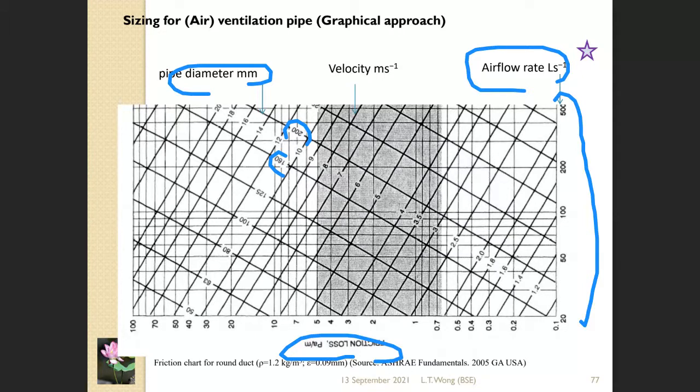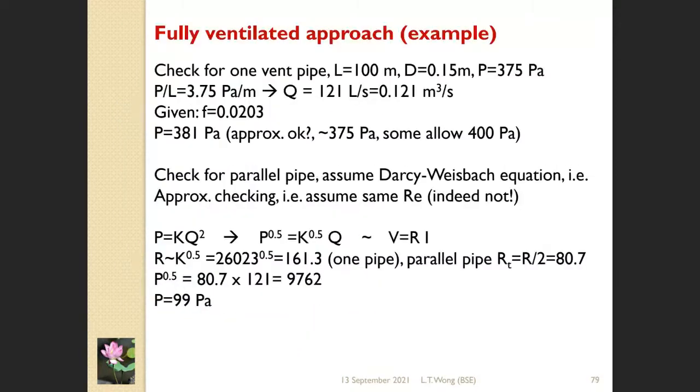Now, what we need to do is maintain a suitable pressure gradient along the pipework. Our question is that if the ventilation pipe is too long, we need to increase the pipe size. So we increase the pipe size for the long pipe. Actually, we are going to maintain a certain pressure gradient. Let me see if I included an example.